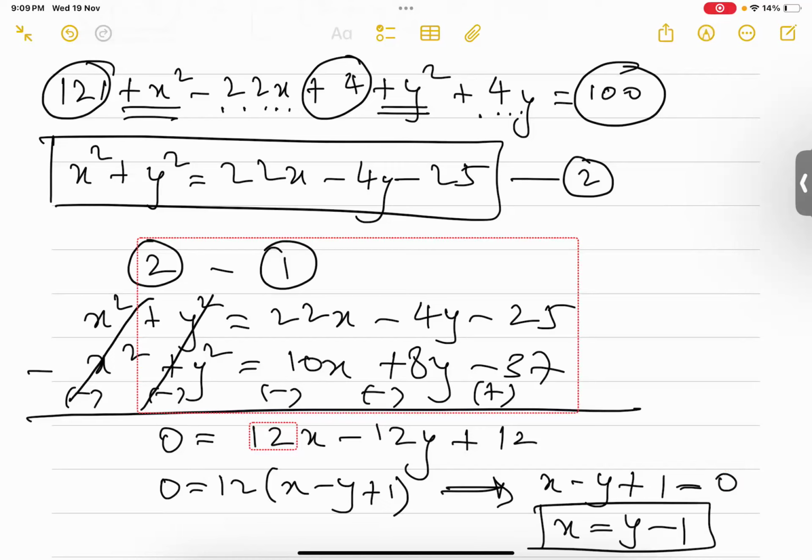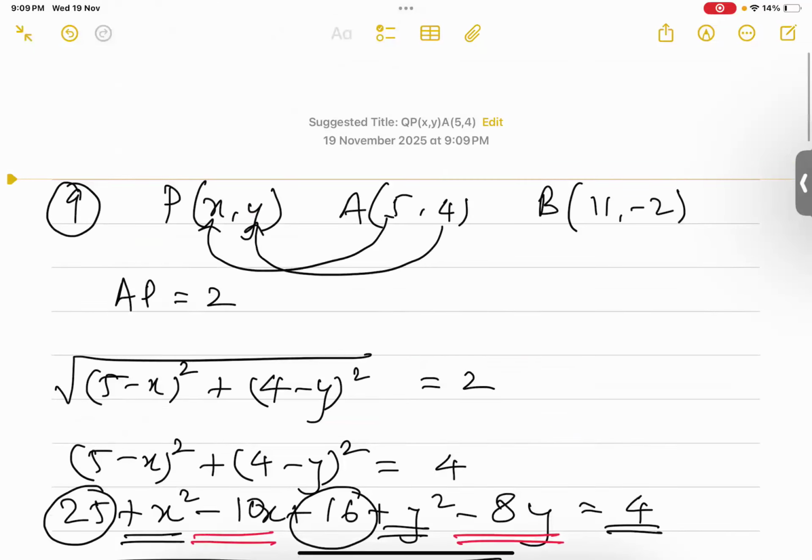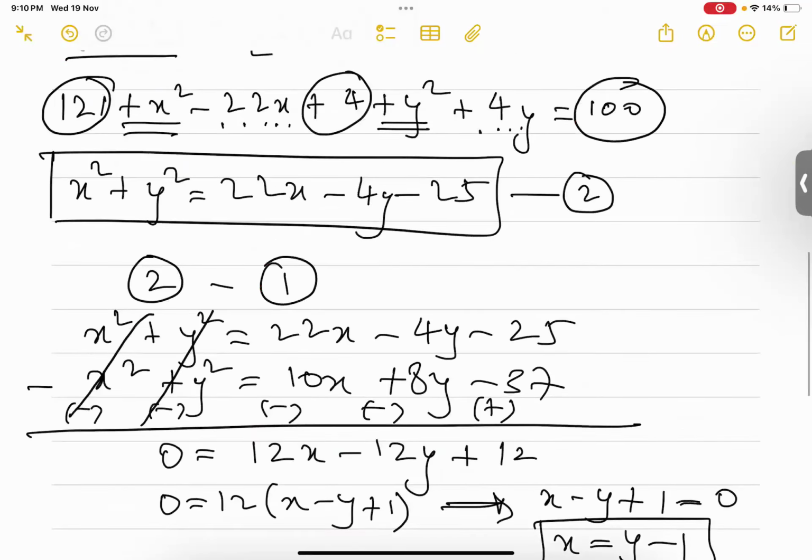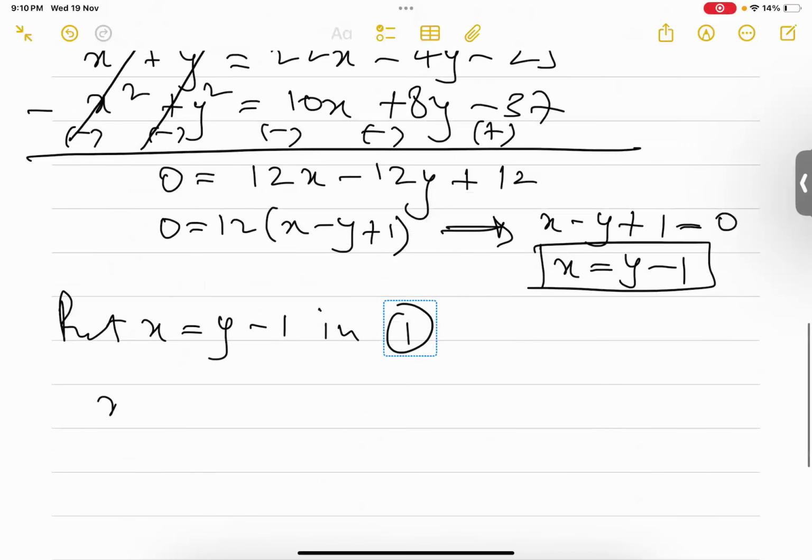So now you'll put this value of x in. See guys, x is nothing but the x coordinate of P and y is nothing but the y coordinate of P, the abscissa and ordinate of P. You can put this in any one of the equations. So put x is equal to y minus 1 in equation number 1. What is equation number 1? x square plus y square equal to 10x plus 8y minus 37.